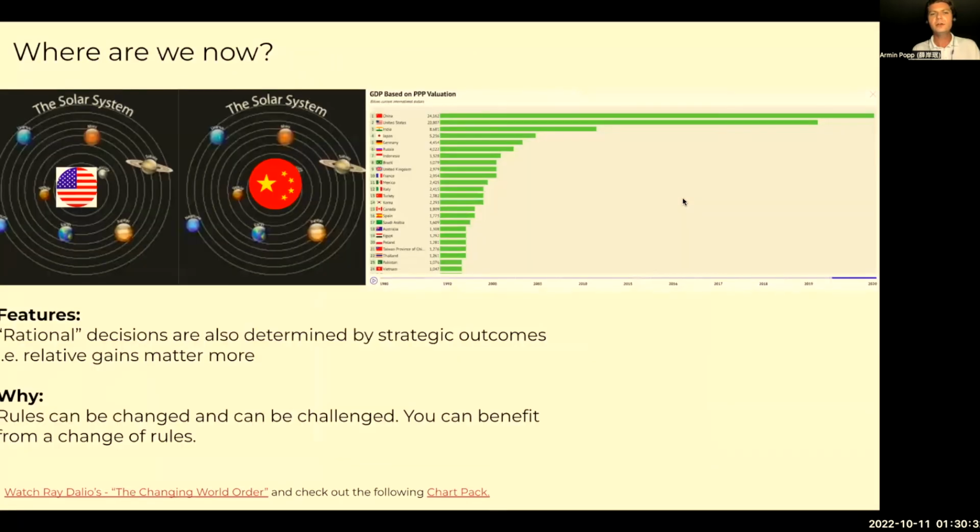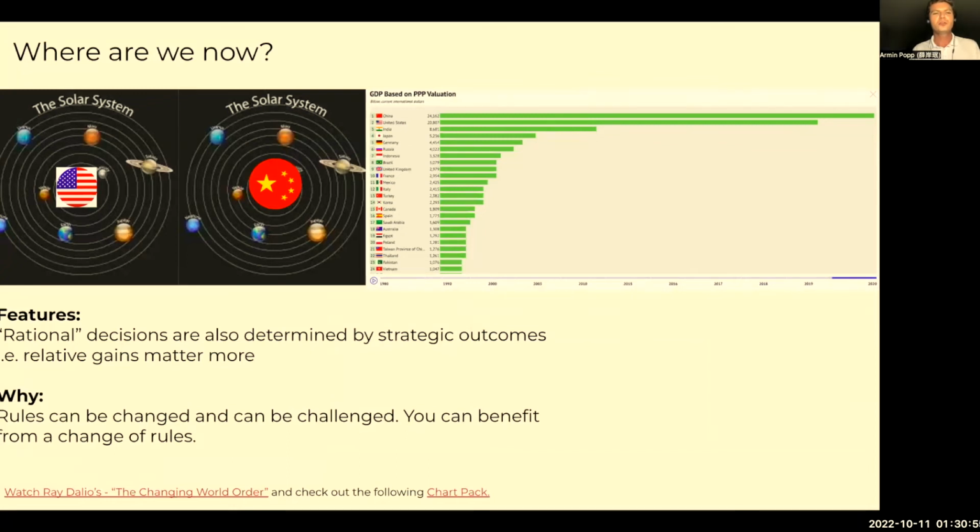So if we look at this now, having this in mind, what does it mean for where we are today? Where we are today, and that's very interesting, is that we are not in a unipolar moment anymore. We are in a world with two solar systems.